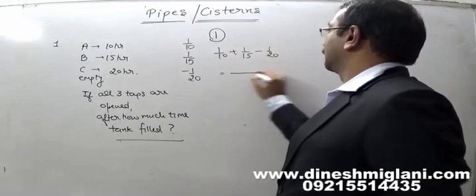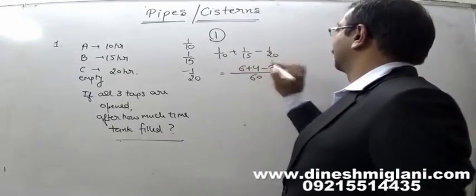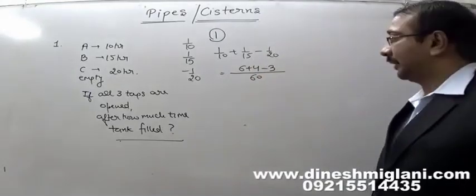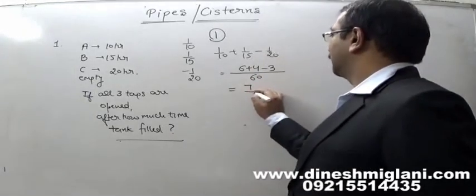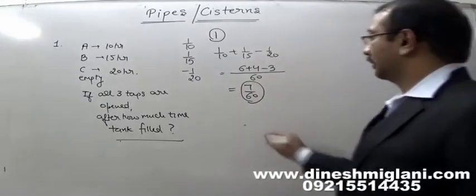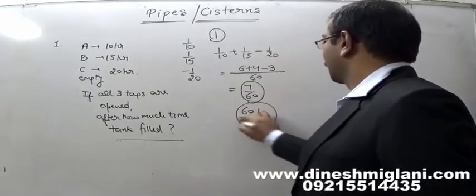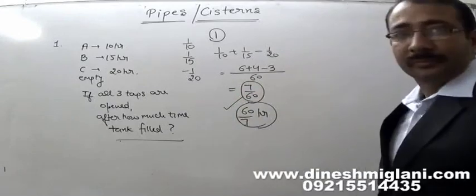Here LCM is 60. So 6 plus 4 minus 3, 6 plus 4 is 10, minus 3, that is 7. You may say that they fill 7 by 60 part of the tank in 1 hour. The total tank will be filled in 60 by 7 hours. That becomes your answer.